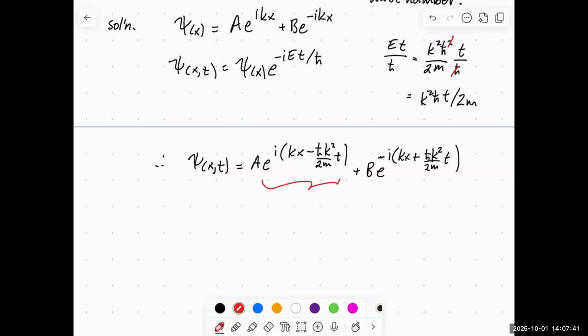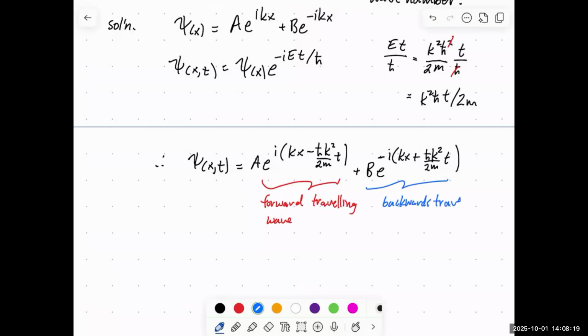On the other hand here, if I let time evolve, I'm making this more negative. But if we go in the negative x direction, that would correspond to offsetting the growth here. So this is a forward traveling wave, and this is a backward traveling wave. Okay, and this one with the negative sign in front of our k is a backwards traveling wave.